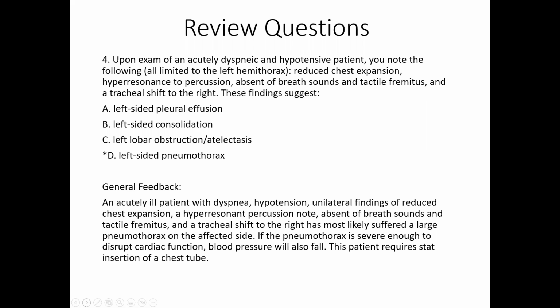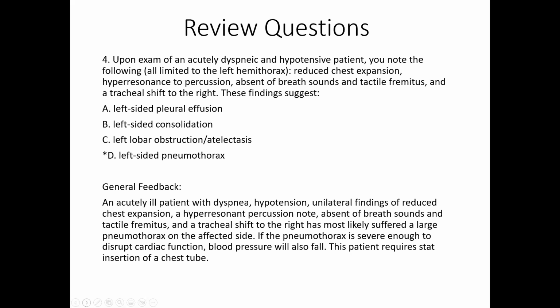Absence of breath sounds and tactile fremitus, and a tracheal shift to the right, away from that left hemothorax. So a left pleural effusion, no. Left-sided consolidation. In both of those cases, the trachea would deviate towards the affected side, particularly if the pleural effusion is a smaller one. Left lobar obstruction or atelectasis is going to go towards that.